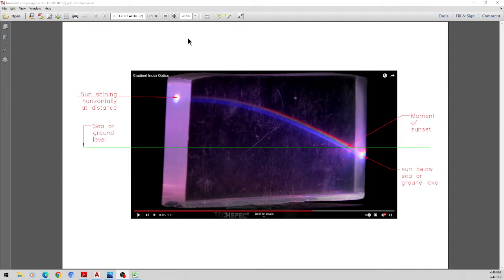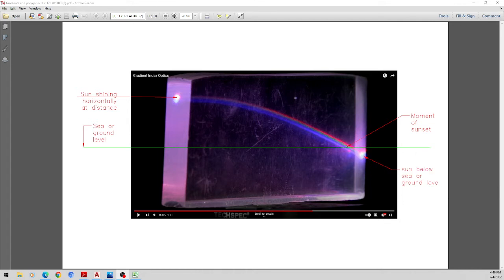And to me, that hot spot pretty much represents what we see as far as a ball of energy in the sky. And I would then state that as we move further along this path, as far as distance, if the observer was farther and farther along, that ball of energy would manifest itself somewhere along this trajectory, eventually hitting this horizontal line, which I'm representing as sea or ground level.